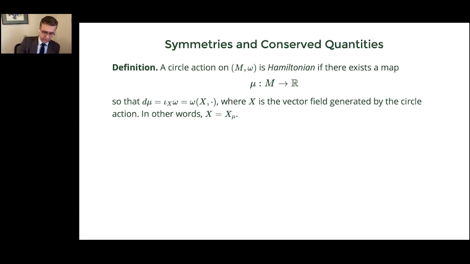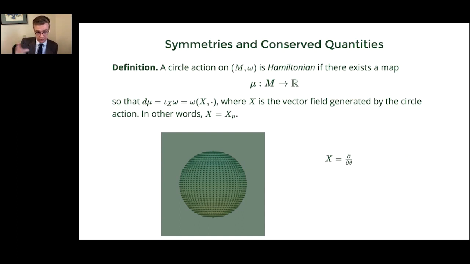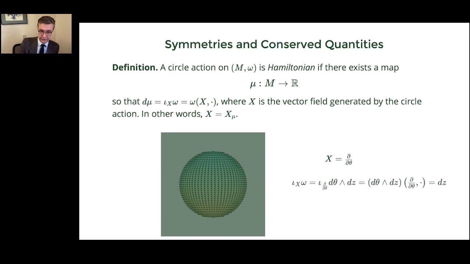All right, so this is a definition that it took me a long time to internalize. So it's good to look at a simple example. Again, I have this circle action, rotating the two-sphere around the z-axis. So the associated vector field is this vector field pointing in the theta direction.